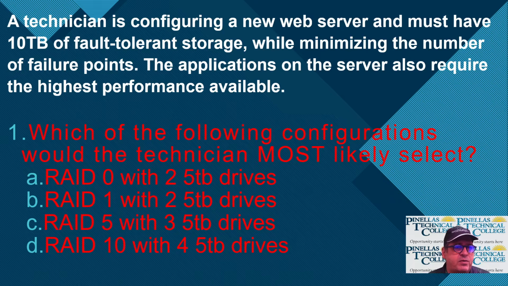Even though they both would meet the criteria for this question, the RAID 1.0 would be the answer because it is the highest performance available. Now, if they had said something in there about highest performance available while also saving costs, then we're back to a RAID 5. Because a RAID 10 is much more expensive to set up, and a RAID 5 does have high performance and will save us money.